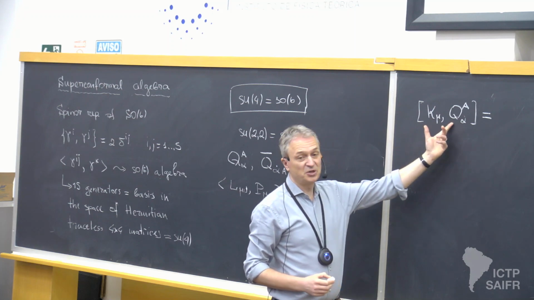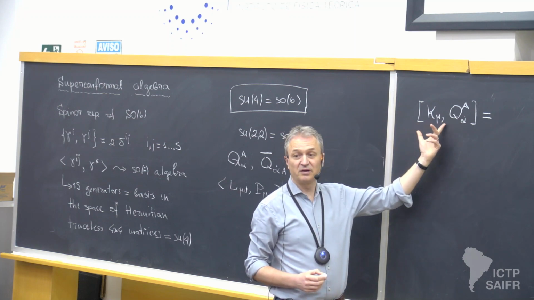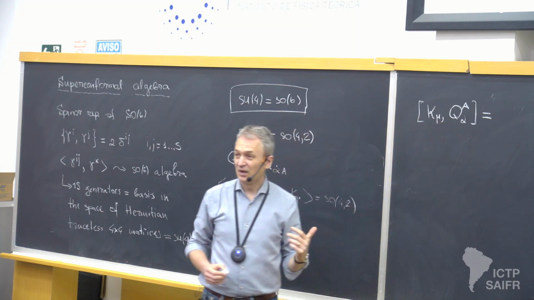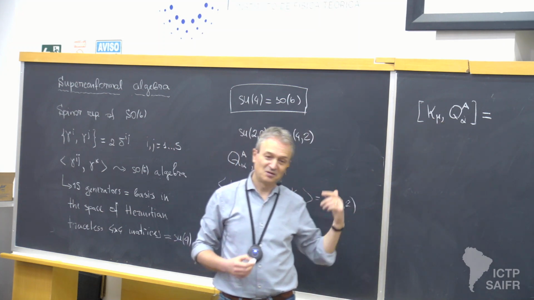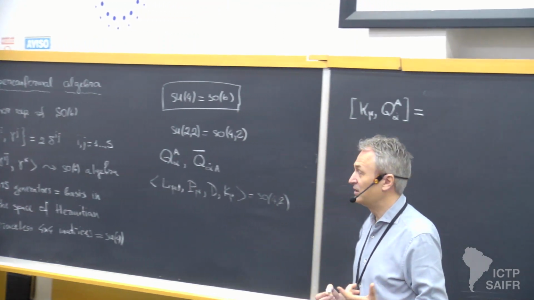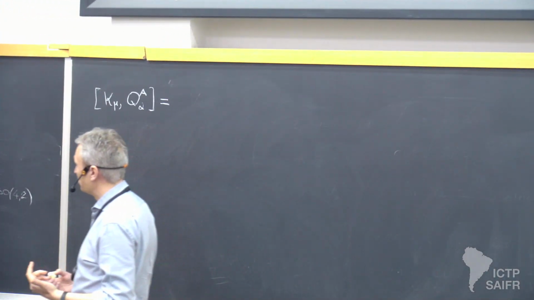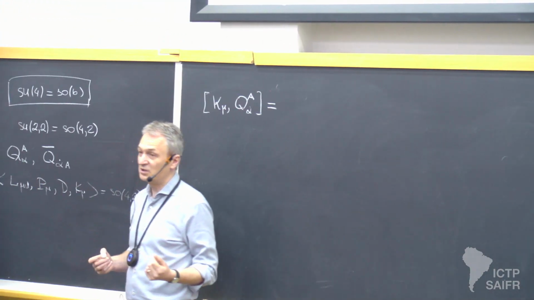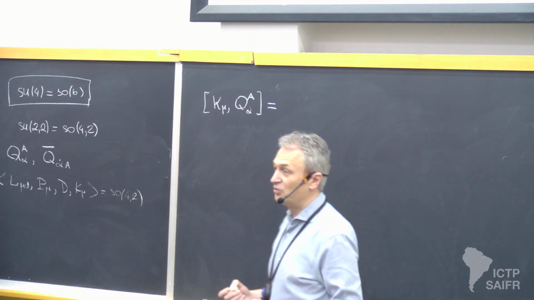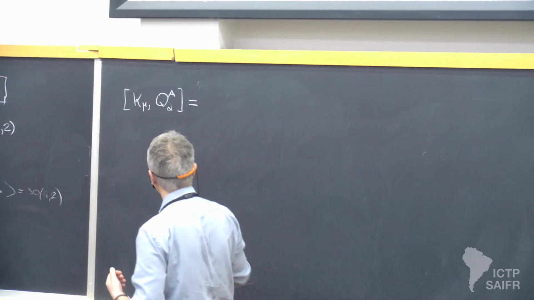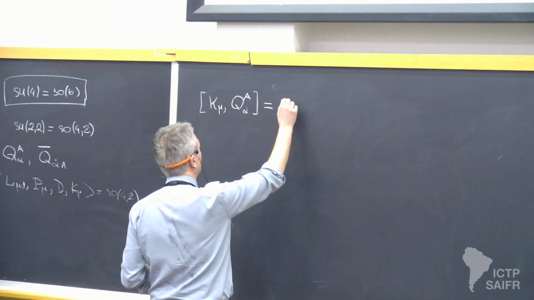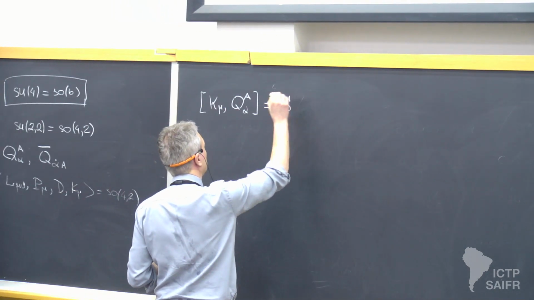But by counting dimension, we see that it's a generator of dimension 3/2. And there is no candidate in the superalgebra because all supercharges have dimension 1/2. So we need to add another generator which is called the superconformal charge. Let's denote it by S.